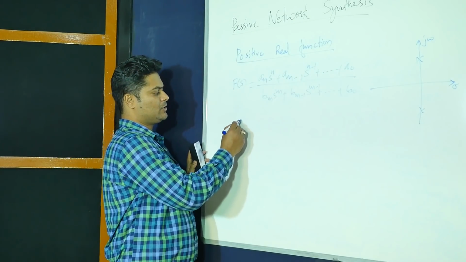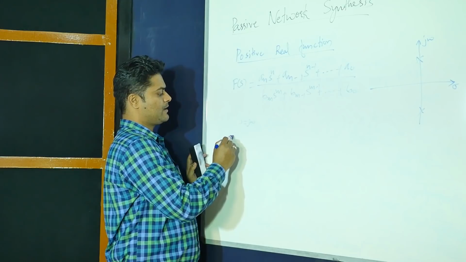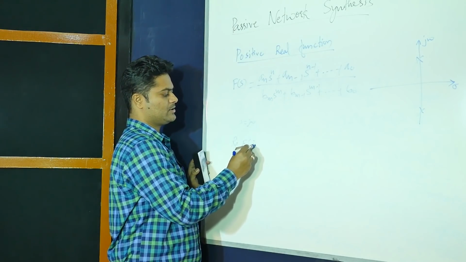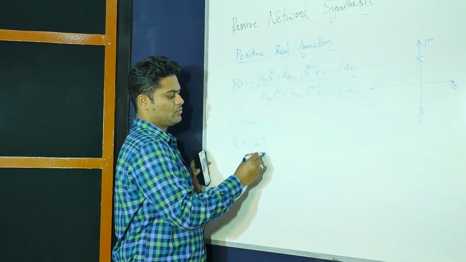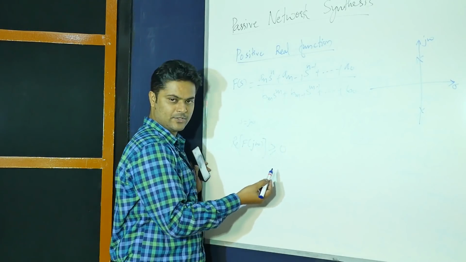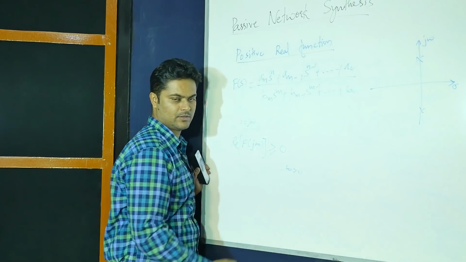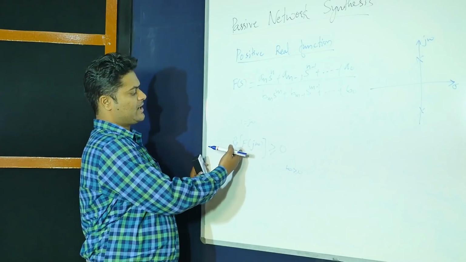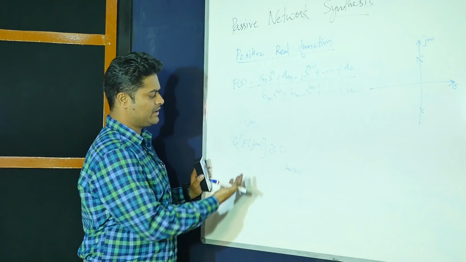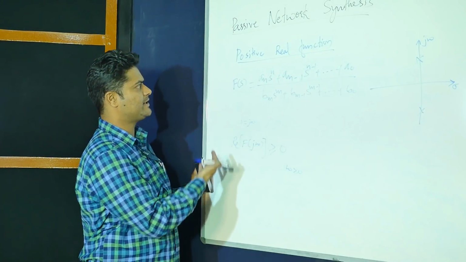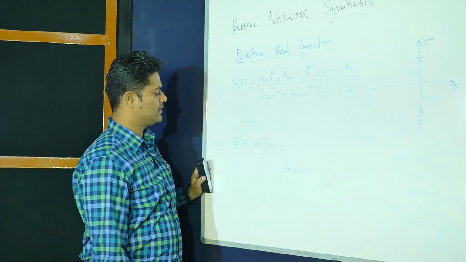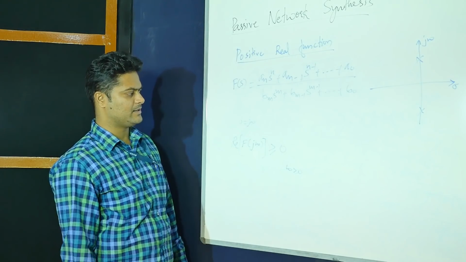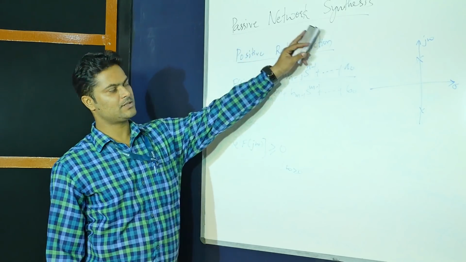If I put s equal to j omega and solve further, the real part of f of j omega should be greater than or equal to 0 for omega greater than or equal to 0. This is the necessary condition wherein we tell whether it is a positive real function or not. Real part of f of j omega greater than or equal to 0. The application behind this is that we are talking about passive network synthesis.